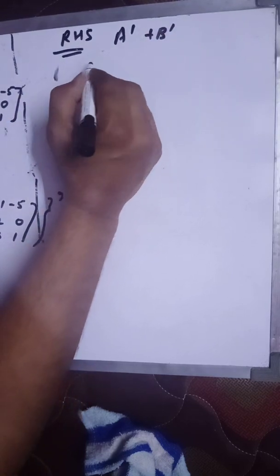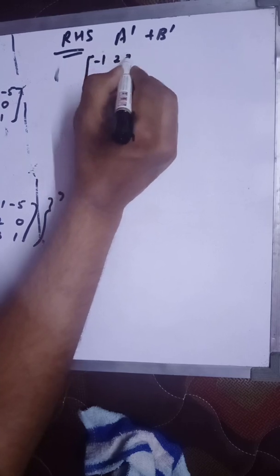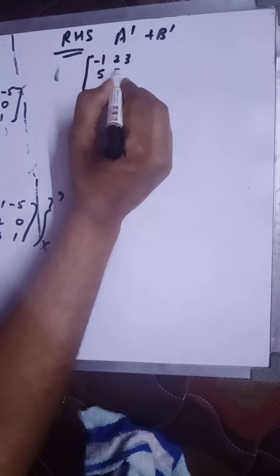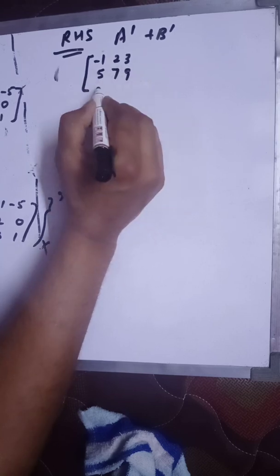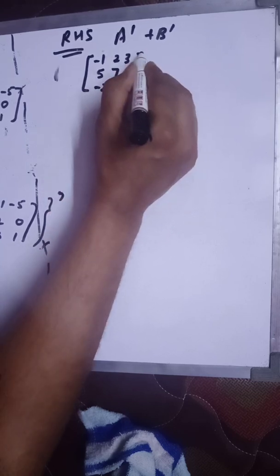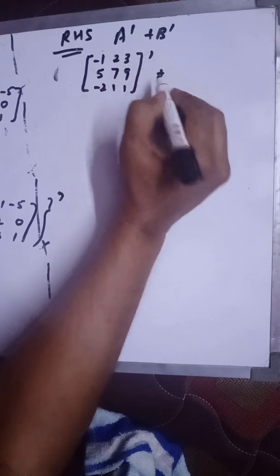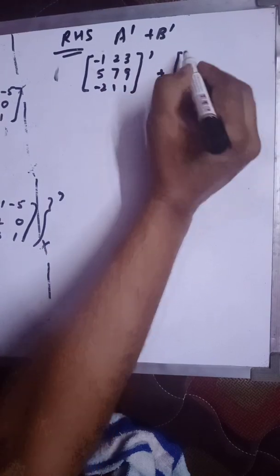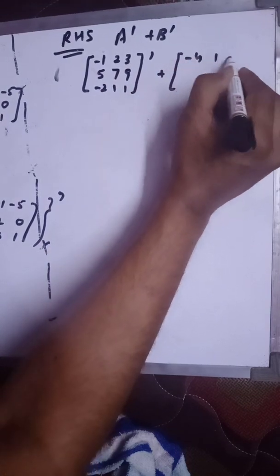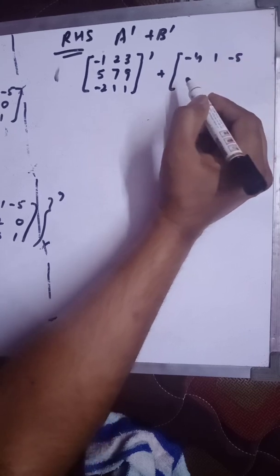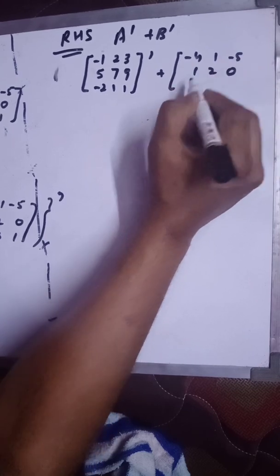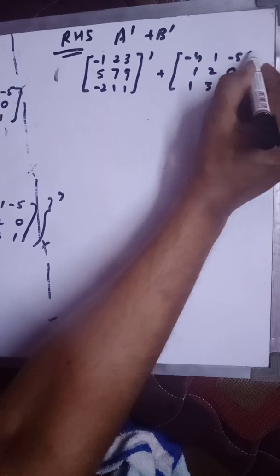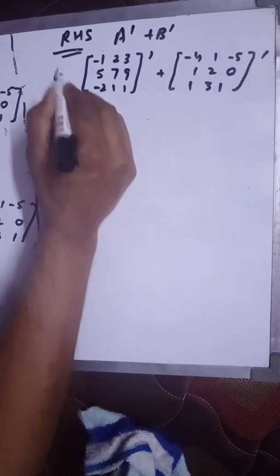So matrix A is given to us, which is -1, 2, 3, 5, 7, 9, -2, 1, 1. Fine. And the transpose of this matrix. And similarly B, -4, 1, -5, 1, 2, 0, 1, 3, 1. This is given too, and the transpose of this matrix.